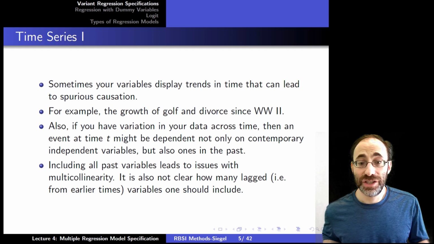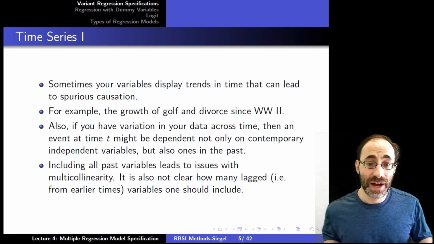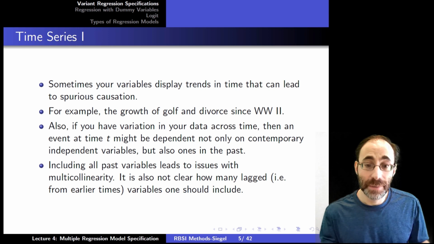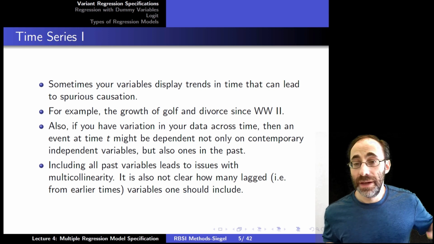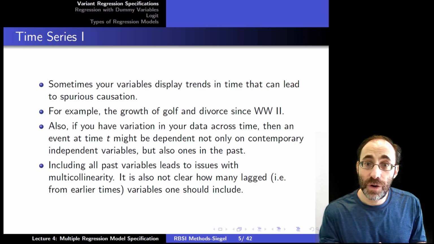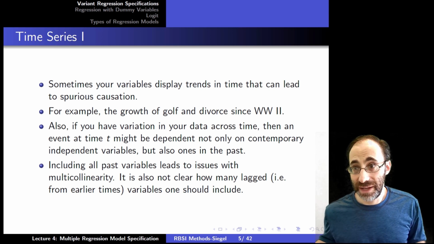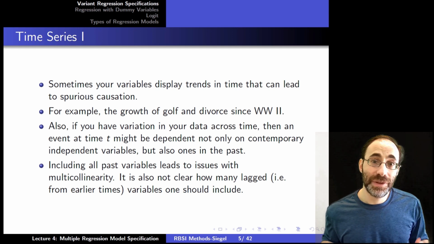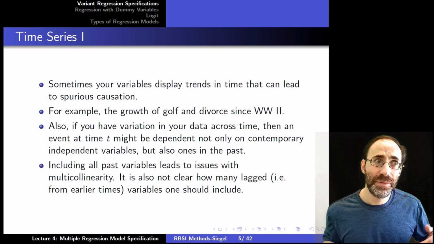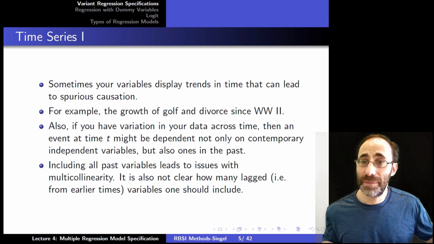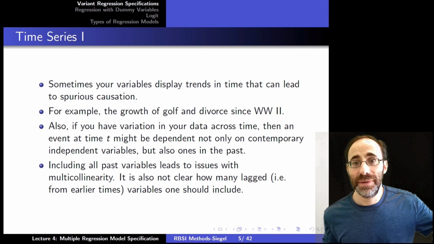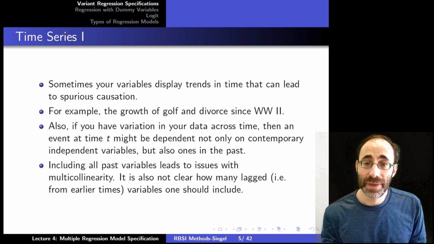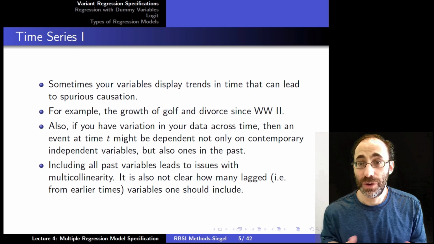Or it might be the case that if you have variation in your data across time, then an event at some time t might be dependent not only on contemporary independent variables, but on ones in the past. The problem is, if you just include a whole mess of variables at previous times, as well as the ones presently, you can get multicollinearity, which we discussed in the previous lecture, when you have two different independent variables that are too closely correlated.